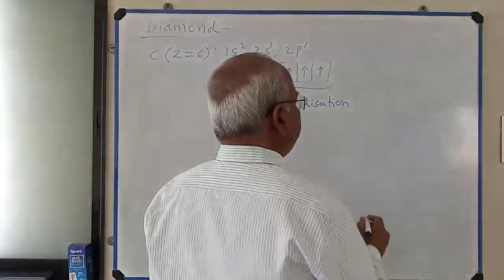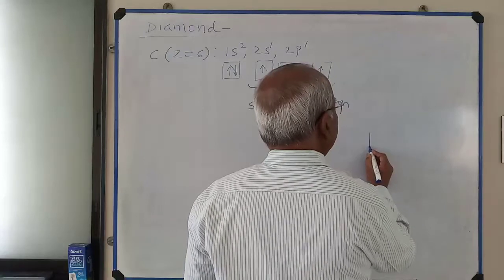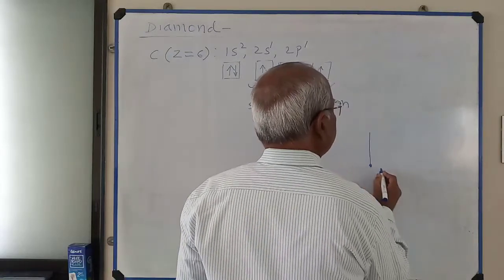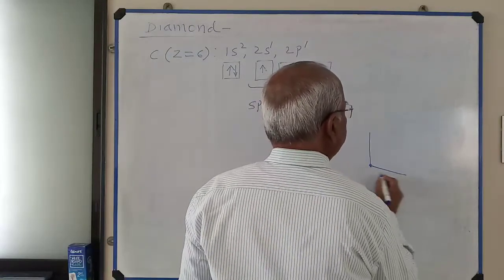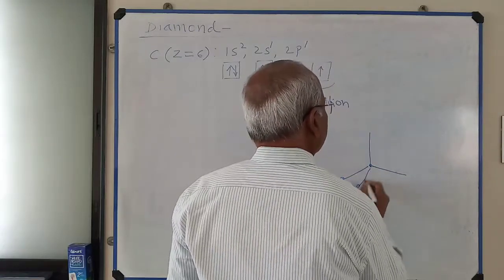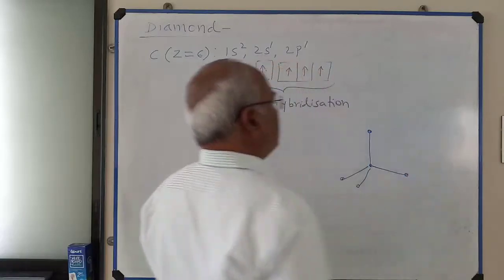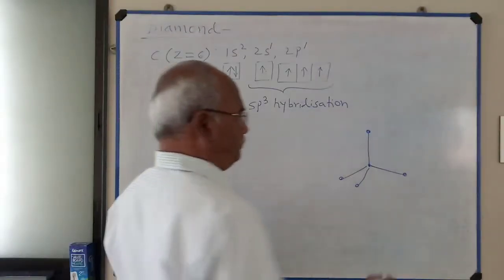So in diamond, suppose this is carbon, it is bonded to 4 other carbon atoms by covalent bonds.